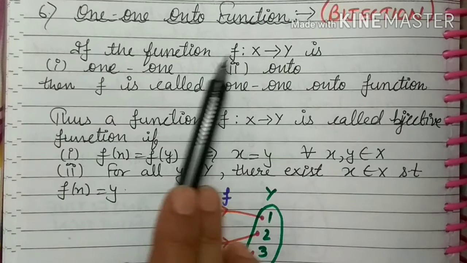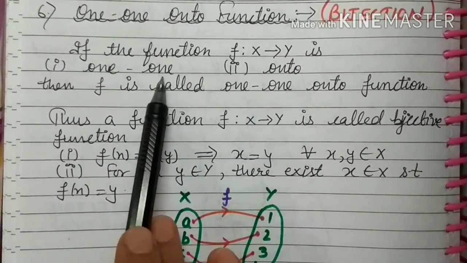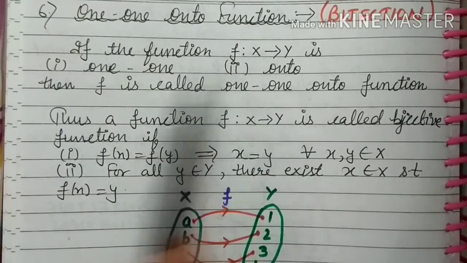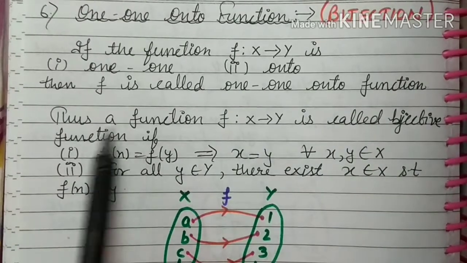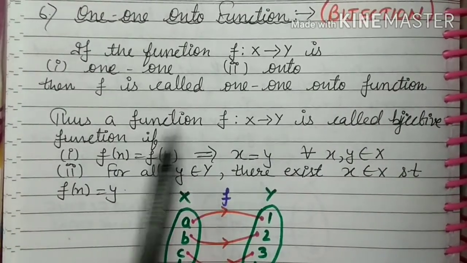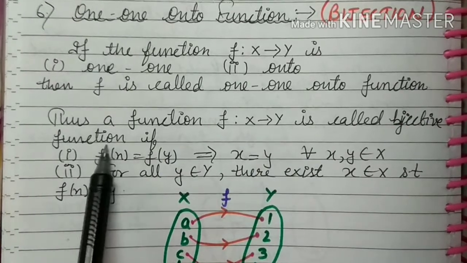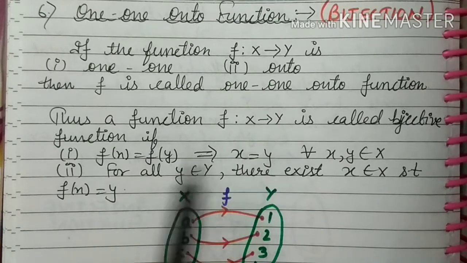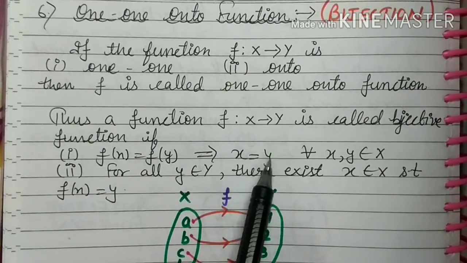If the function f from x to y is one-one and onto, कि अगर कोई फंक्शन one-one की डेफिनेशन को भी सेटिस्फाई कर रहा है, onto की भी कंडीशंस को सेटिस्फाई कर रहा है, then f is called the one-one and onto function. In other words, we can say that a function f from x to y is called bijective if f(x) equals f(y), implying x equals y. कि अगर फंक्शन की दो पॉइंट्स पर वैल्यू सेम है तो दो पॉइंट्स भी सेम होने चाहिए.